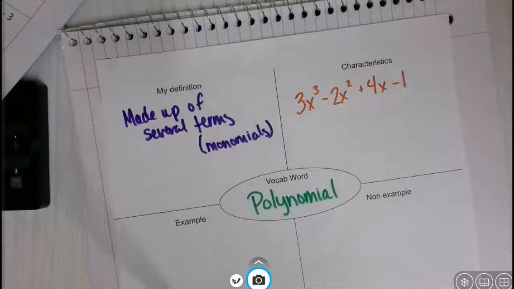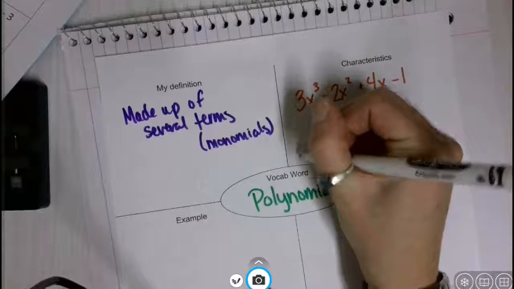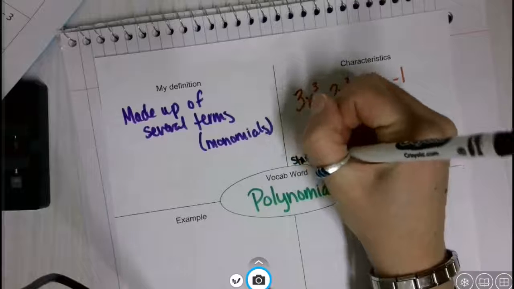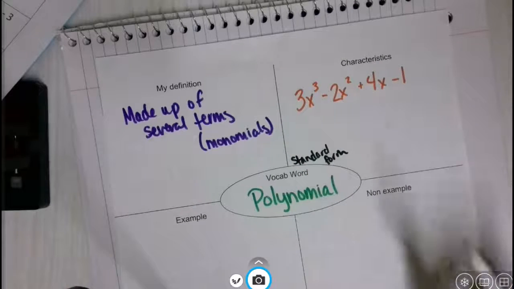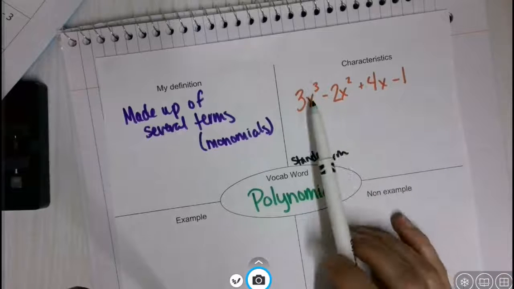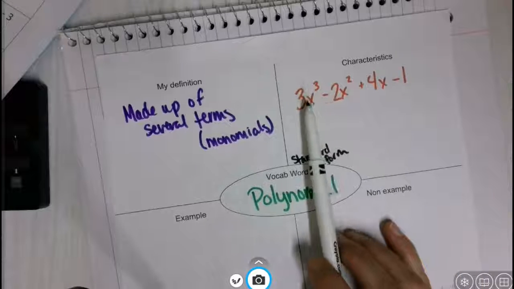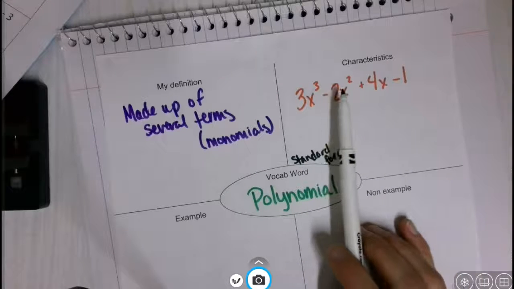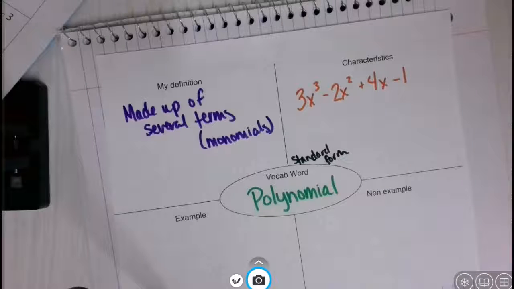The first thing we want to notice is that this is written in standard form. What standard form means is that my variables and my exponents go in decreasing order. So I start with the largest exponent and I continue to get smaller and smaller until I don't have any exponents anymore. That's what standard form means.